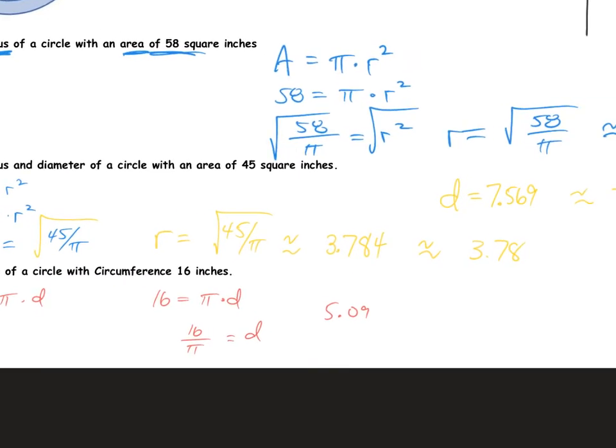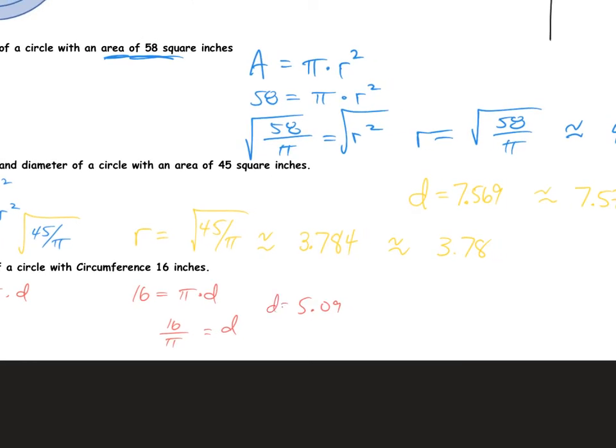But I'm not finished because in order to find the area, I need the radius. So radius is 1/2 of 5.09. So I'm going to take and divide that by 2. I get 2.55. So r is equal to 2.55.